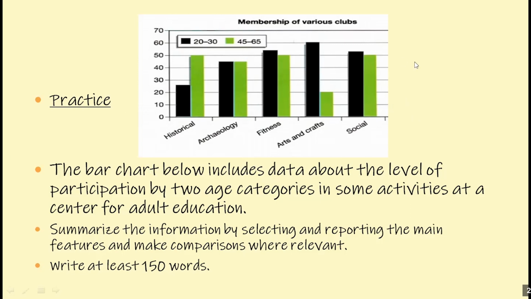So this is going to be one group. And another group in which you concentrate on the one in which older people have higher participation, historical, and then another group for archaeology. So you can have three paragraphs, one paragraph for fitness, arts and crafts, and social, one paragraph for archaeology, and one paragraph for historical.